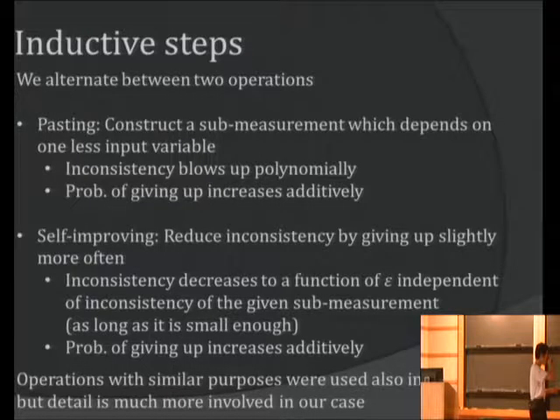Okay. In the case of a single variable, actually, the self-improvement part doesn't give you anything useful, because after applying self-improvement, the inconsistency decreases to a function of epsilon, but epsilon is the quality of the strategy in the first place, the probability that they are rejected by this test.